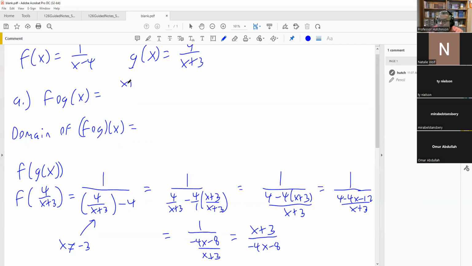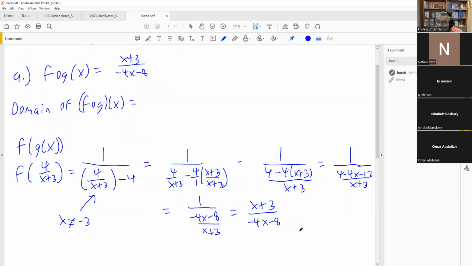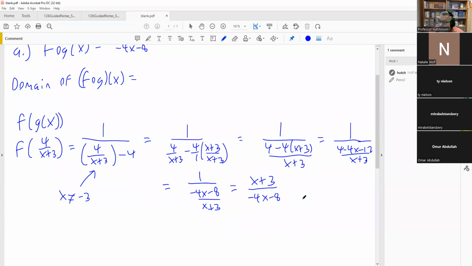I'll put that in here. X plus 3 over negative 4x minus 8. So now I have the f of g of x there. The next thing I want to do is find the domain.